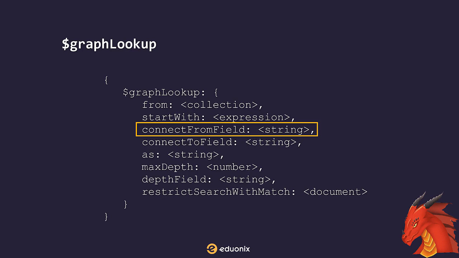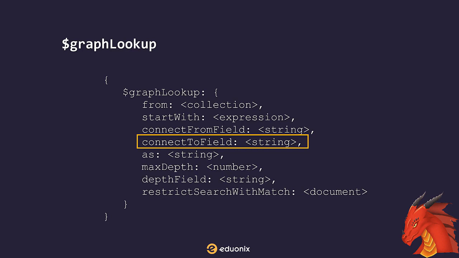If the value is an array, each element of it is individually followed throughout the traversal process. The connectToField parameter represents the field name in documents against which the value of the field specified in connectFromField needs to be matched.